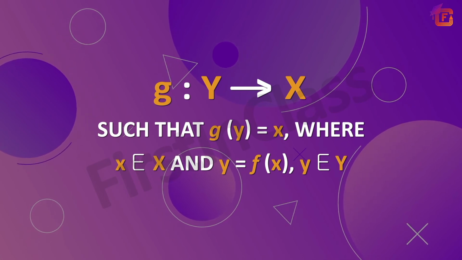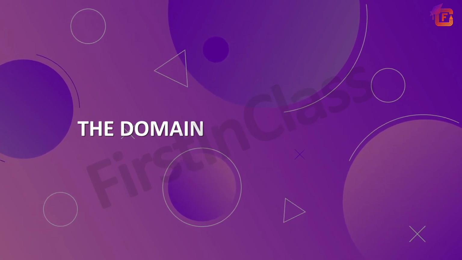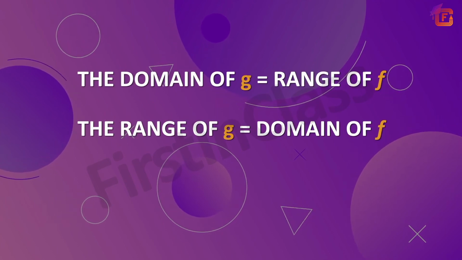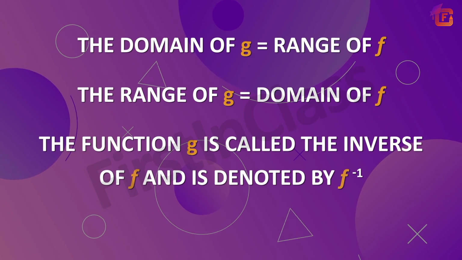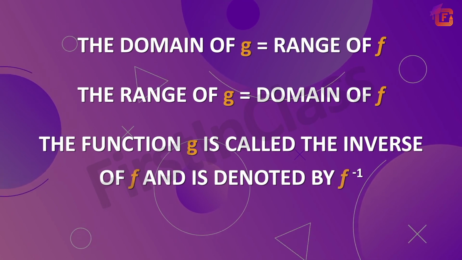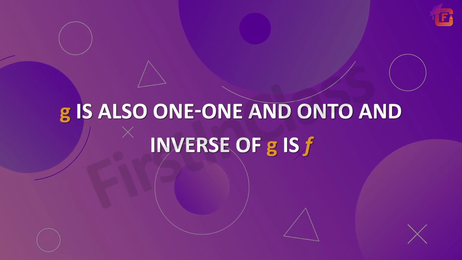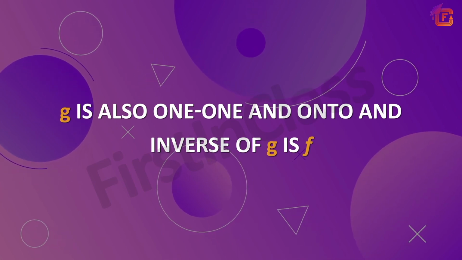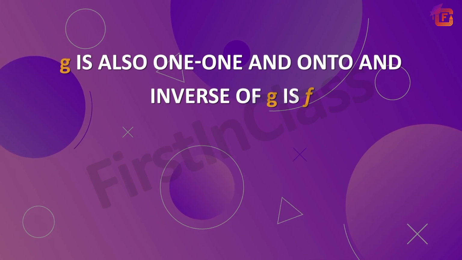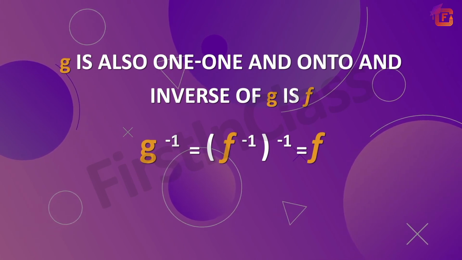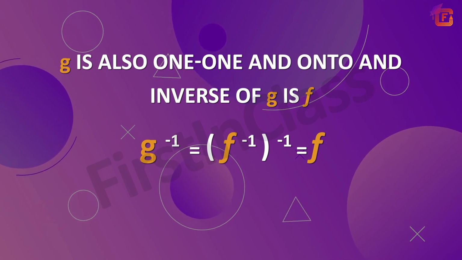Also, y belongs to capital Y. Here the domain of g equals the range of f and the range of g is equal to the domain of f. The function g is called the inverse of f and is denoted like this. Moreover, g is also one-one and onto, and the inverse of g is f. Thus, the inverse of g is equal to the inverse of f, which is equal to f.